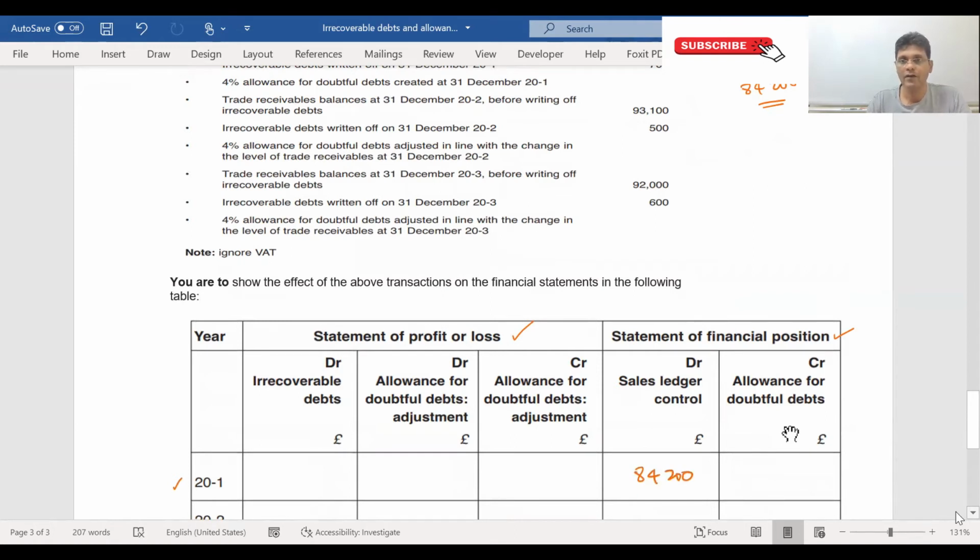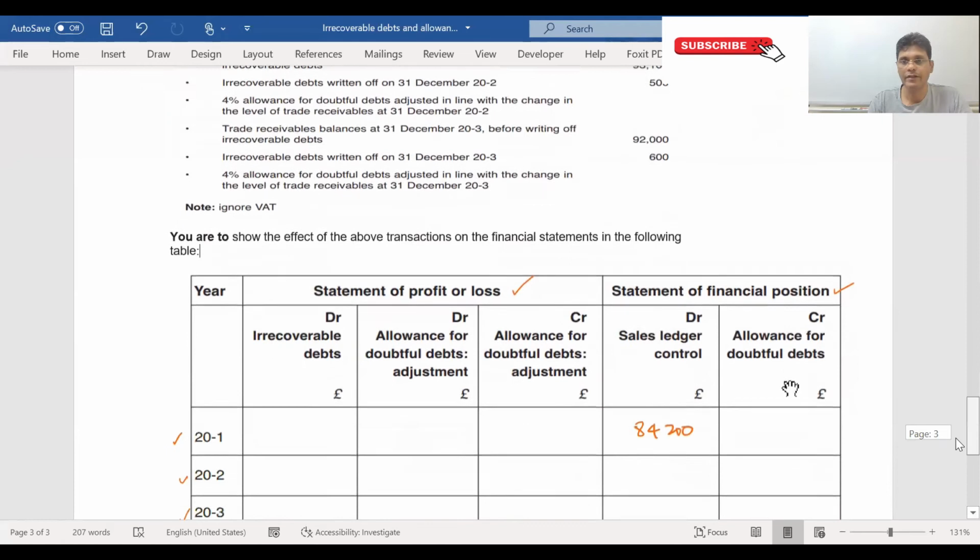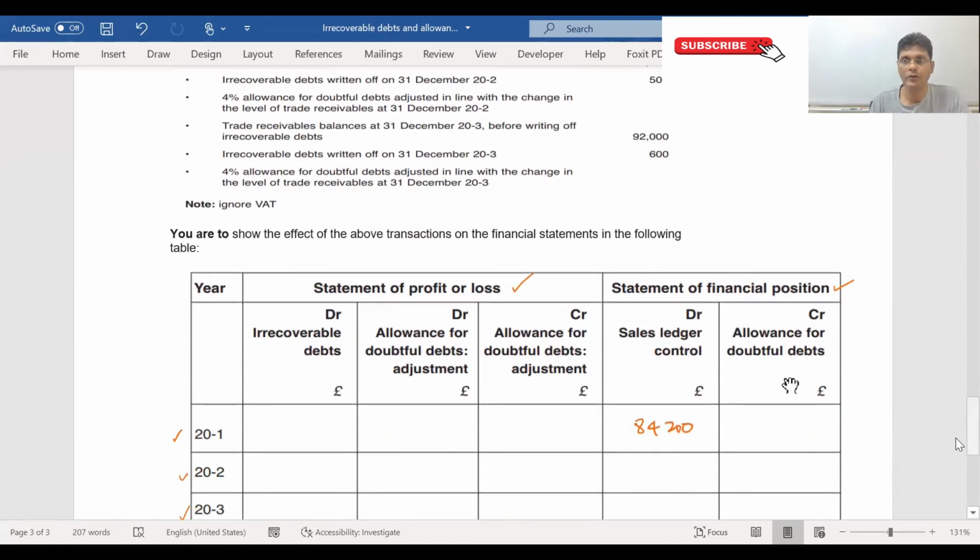On that, we have written off 700. When you write off, you need to debit your irrecoverable debt account, and you need to credit the sales ledger control account. Once you credit, your balance will be 84,200.